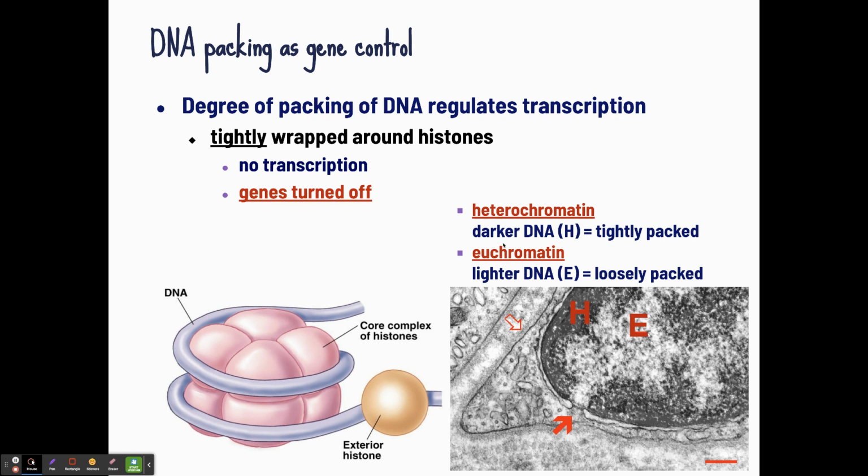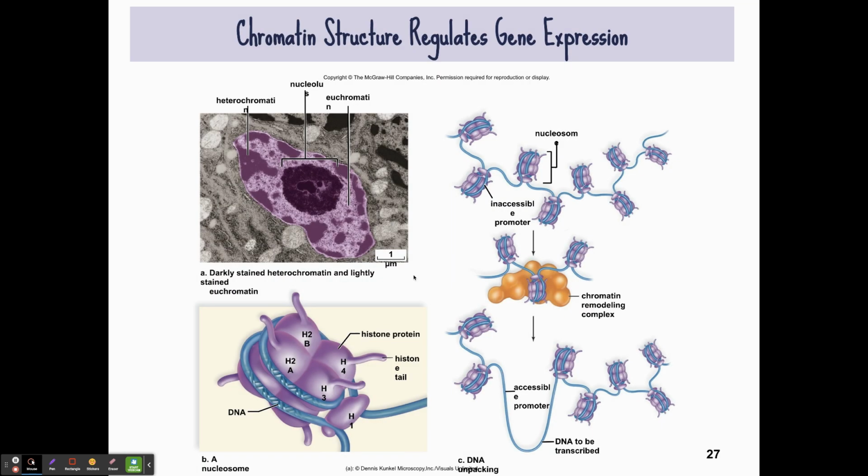As we see in this illustration, we have heterochromatin and euchromatin. Heterochromatin is darker and tightly packed. So this DNA is tightly packed, so it's not being read. Whereas this area here, euchromatin, is loosely packed, so these genes are being read. Here's our other illustration, with heterochromatin and euchromatin.